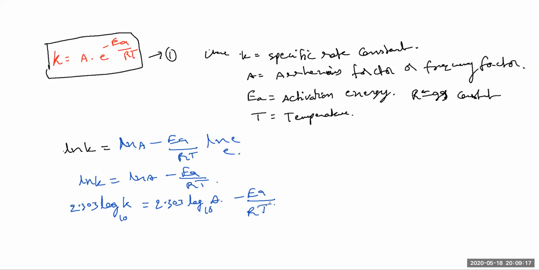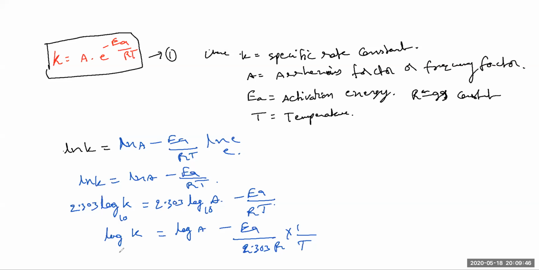Now 2.303 can be removed. How is it removed? By dividing on both sides by 2.303. Then it becomes log k is equal to log A, base 10 need not be written, minus Ea by 2.303 R into 1 by T. What is this equation?